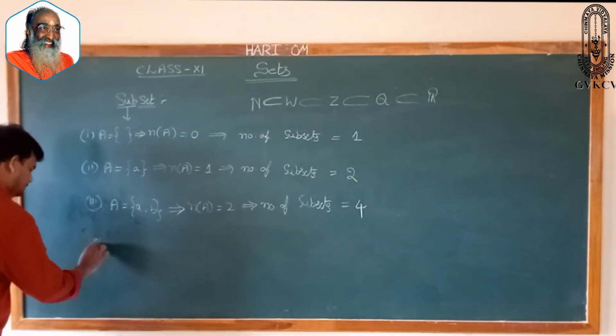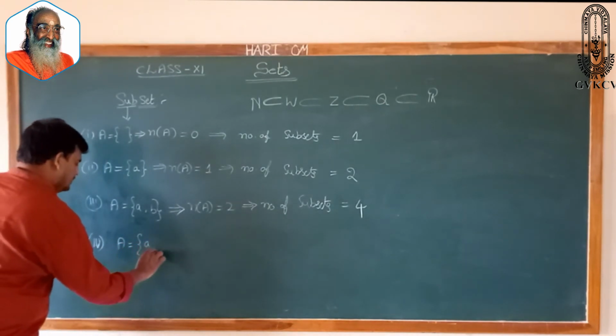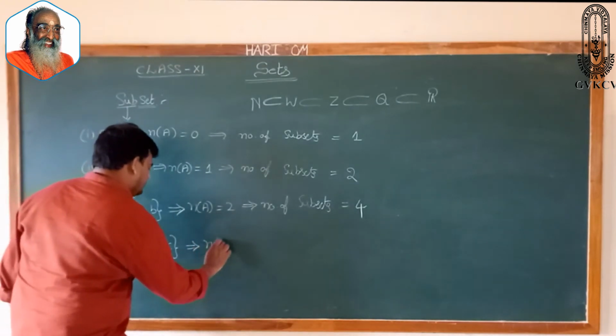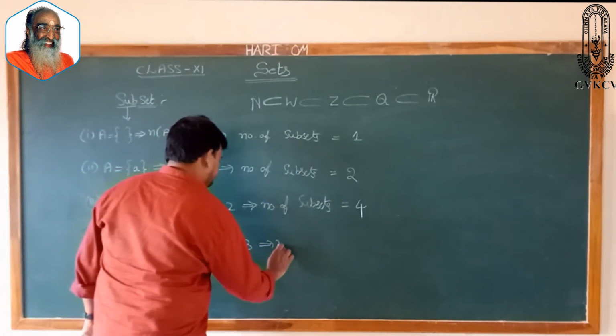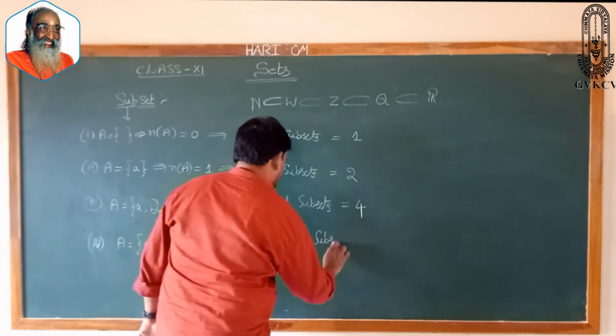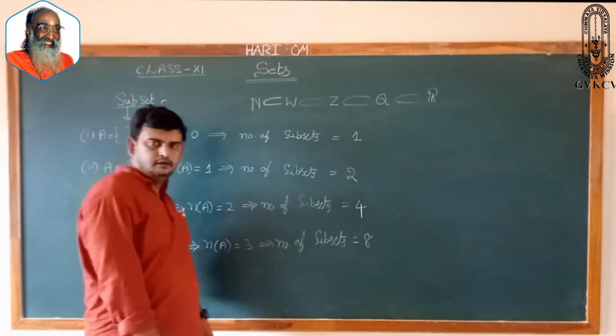Now the fourth condition: set A has A comma B comma C, 3 elements. Now n of A, the number of elements in A, is equal to 3. The number of subsets is equal to 8.